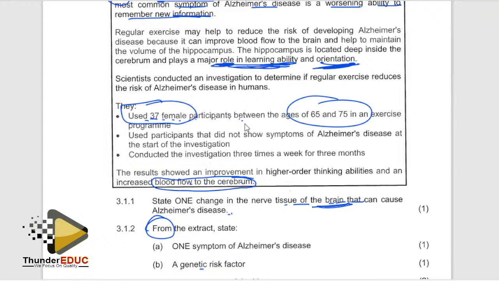And then I saw somewhere where they say that they conducted the investigation 3 times a week for 3 months. You see, even this one is to increase the reliability. So this is for reliability and this is for reliability.